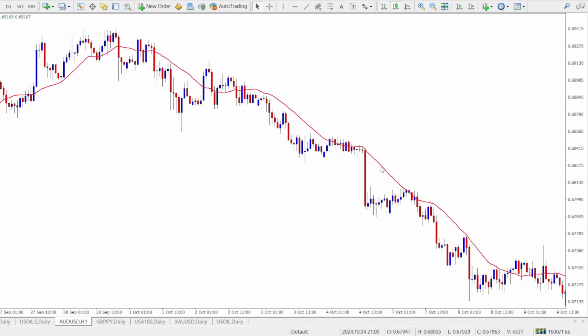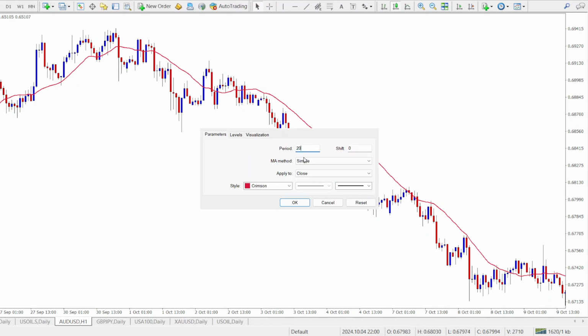Okay, I'm just going to change this to simple. All right. Now the simple moving average, or the SMA, is the most basic form of moving average, and it is easy to understand. It's simply the arithmetic average of a set of prices over a specified period of time. For instance, if you are using a 20 SMA, it will average the closing prices, depending on what settings you put here.